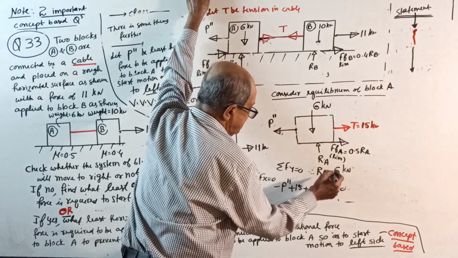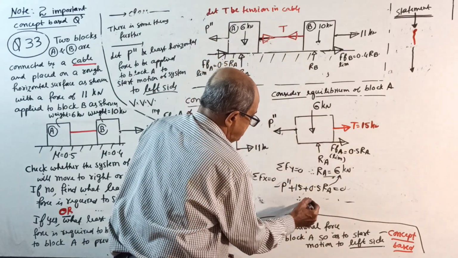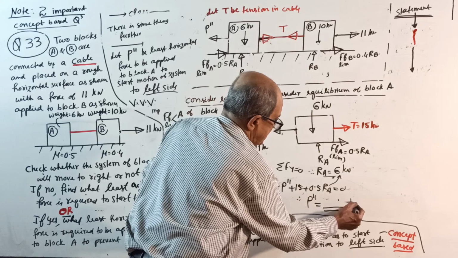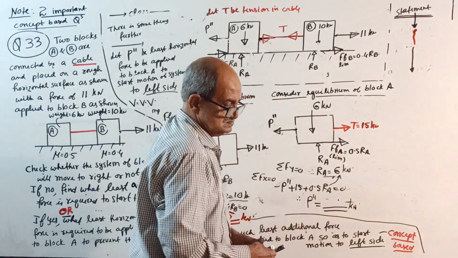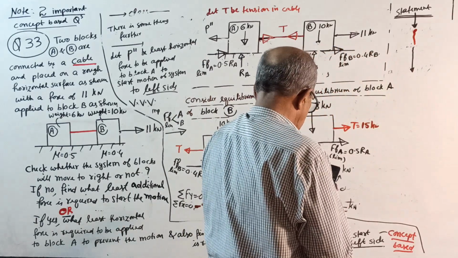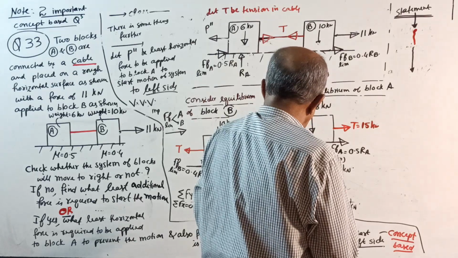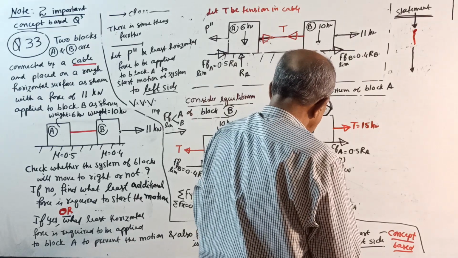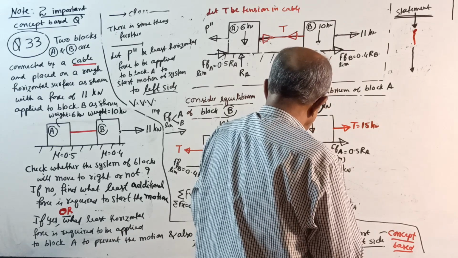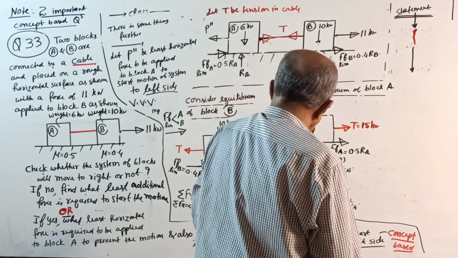Substitute RA equal to 6 kilonewton. Therefore, your P double dash will come in kilonewton. How much? 0.5 into 6 is 3. 3 plus 15 is 18 kilonewton.